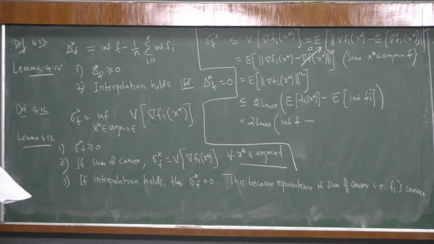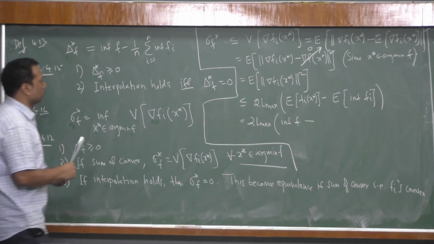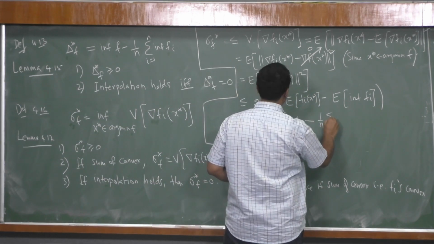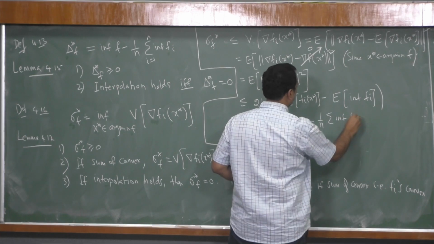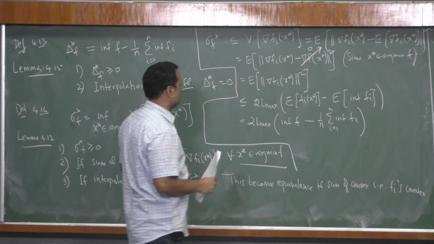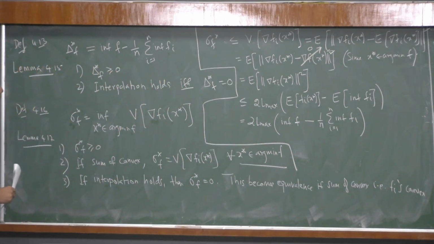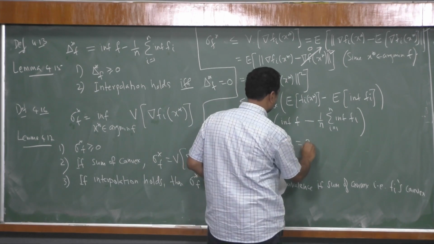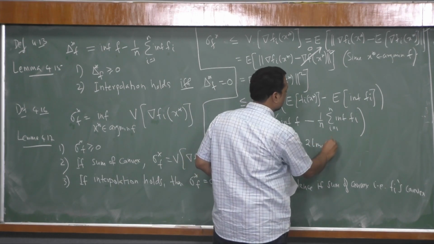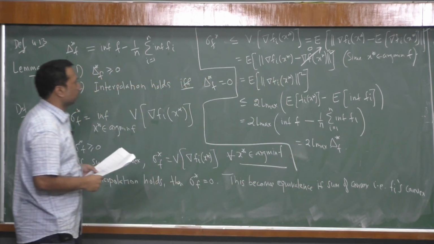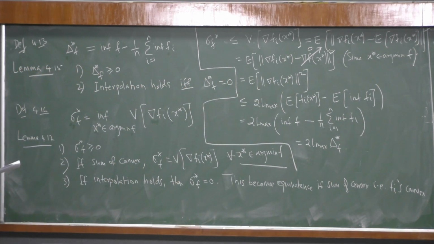Here we have to write it in the usual average form, which is 1 by n sum of the infimum of f_i, and which is delta f star. So this is 2L max delta f star. Okay, this is what we were supposed to prove: sigma f star is less than or equal to 2 L max delta f star.